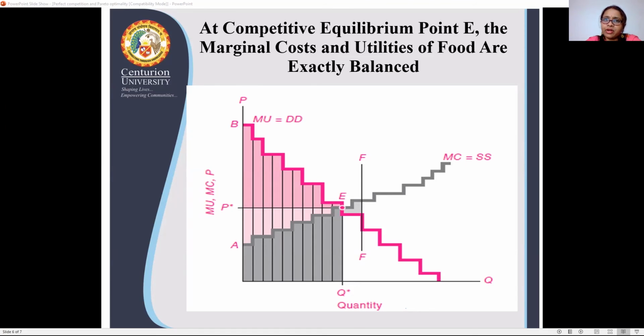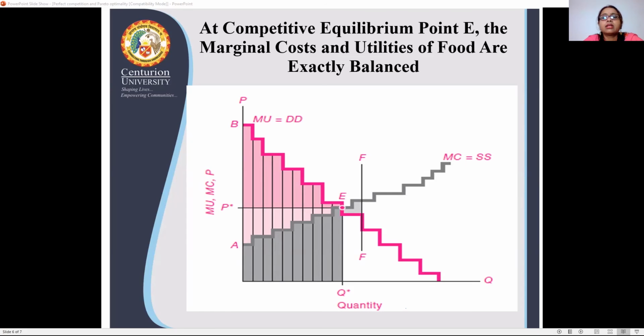Another way of seeing the efficiency of the competitive equilibrium is by comparing the economic effect of a small change from the equilibrium at E. The three-step process shows that marginal utility is equal to price, which is equal to marginal cost.